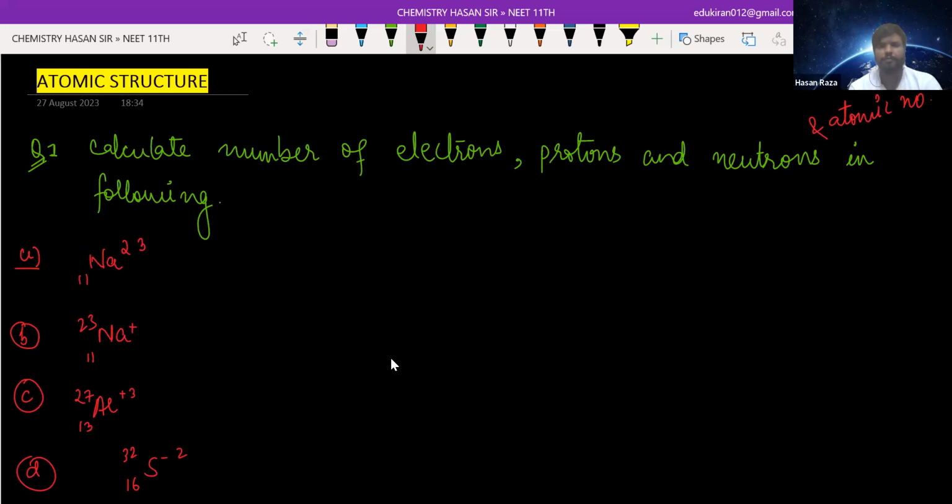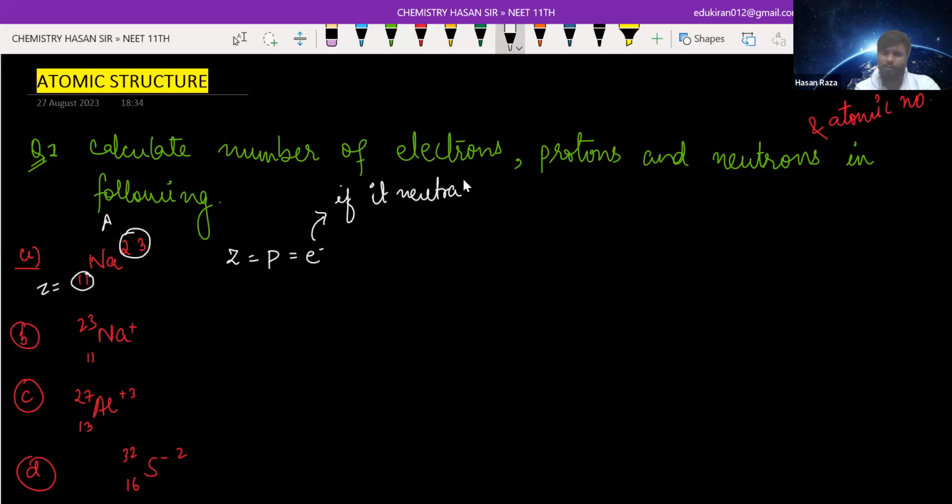Done, sir. Done, everyone. So see how easy it is. This is the representation of an element. This is your atomic number and this is your mass number. And always remember, the atomic number will always be equal to the proton number, and it will be equal to the electron number only if it is neutral.